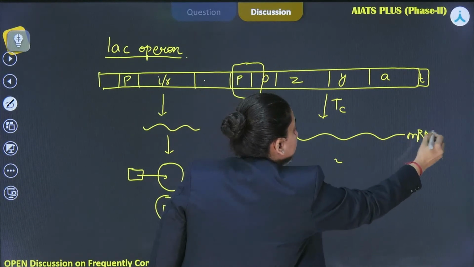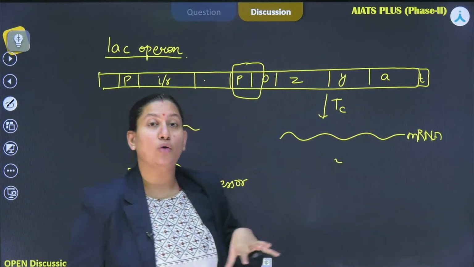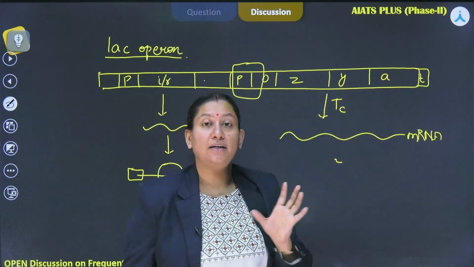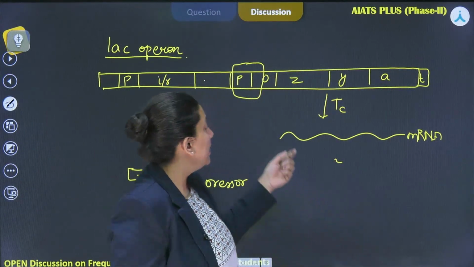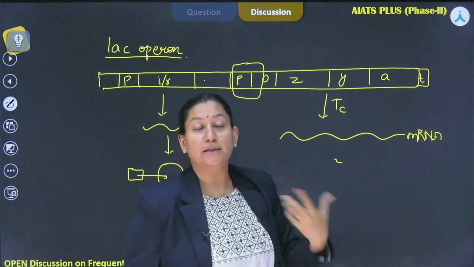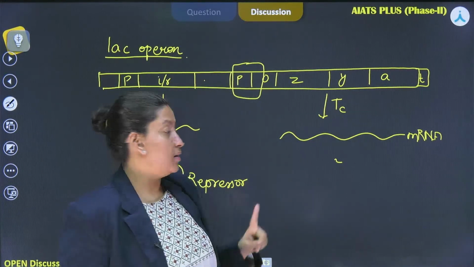As it is forming a single mRNA molecule for this entire stretch, that is how we know it's a polycistronic gene, multiple cistrons in one stretch, right? They are going to code for multiple polypeptides, but the mRNA that's going to be formed will be one, right?